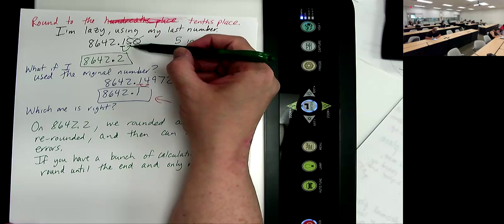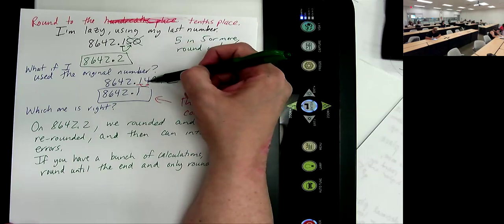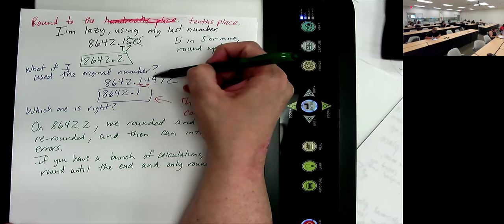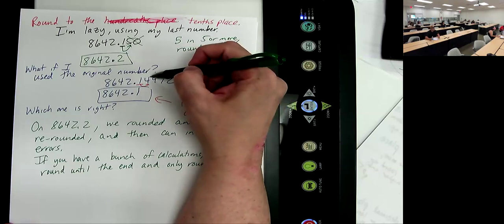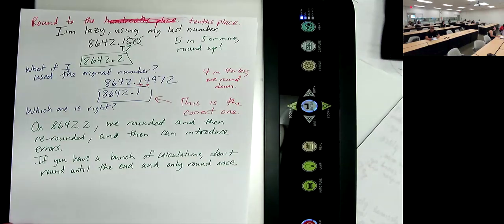If we had kept the original 4, we would have rounded down, like with any other number, a 0, 1, 2, or 3. Even increasing it by 1, we still would have rounded down. The problem is it was 4.9, we rounded that up to a 5, and then rounded at that 5. By rounding from a 4 to a 5 and then rounding at the 5, we've changed fate.